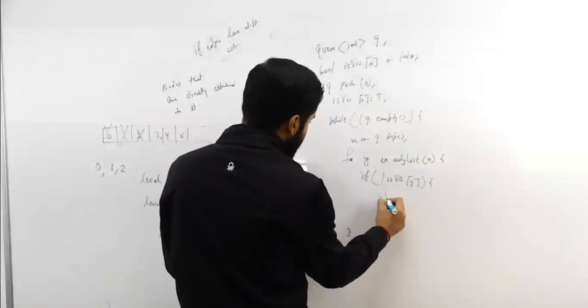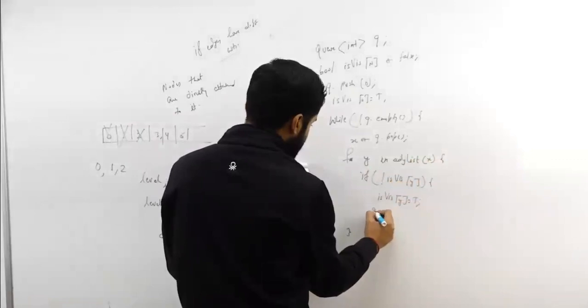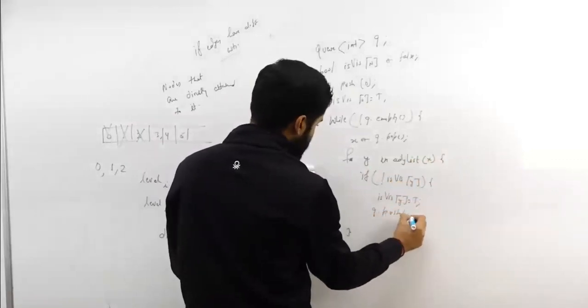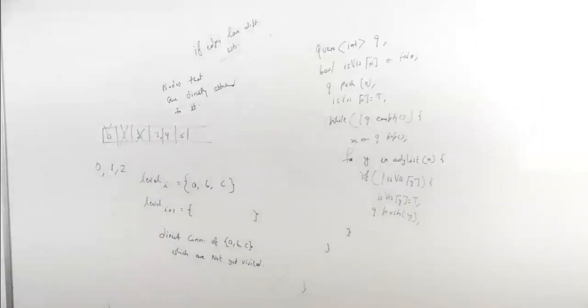First, visited of Y should be made true. And second, you will do queue.push of Y. That's it. Does it make sense to all? Yes or no? Okay, cool.